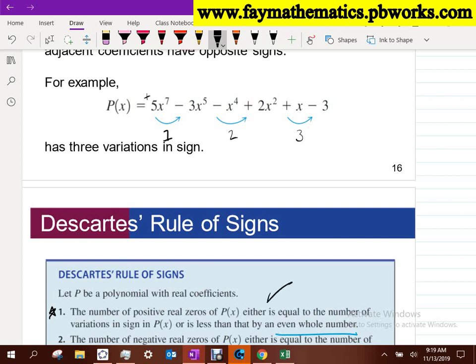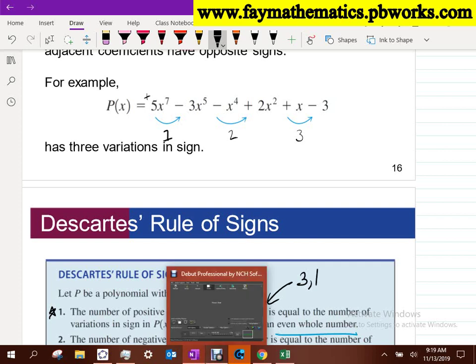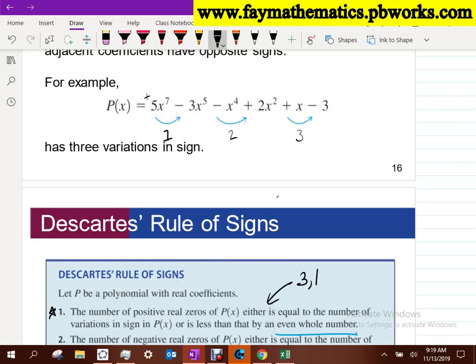So this rule is saying that you could have 3 positive real zeros, or less than that by an even whole number. I'll subtract my first even whole number, and I would get 1, right? 3 minus 2 gives me 1. So Descartes' rule of signs is saying you could have potentially 3 or 1 positive real zeros.